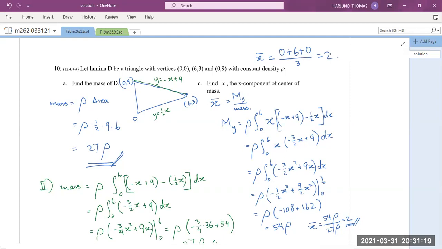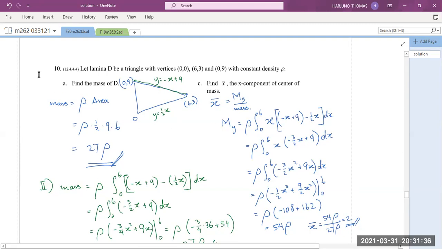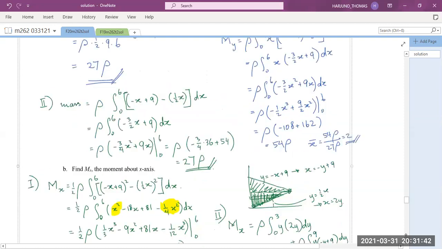Nobody but one student in that test actually used this method. Okay, Shane, I'm about to go back to you, but let me copy this page and show you an alternative way to do this problem.